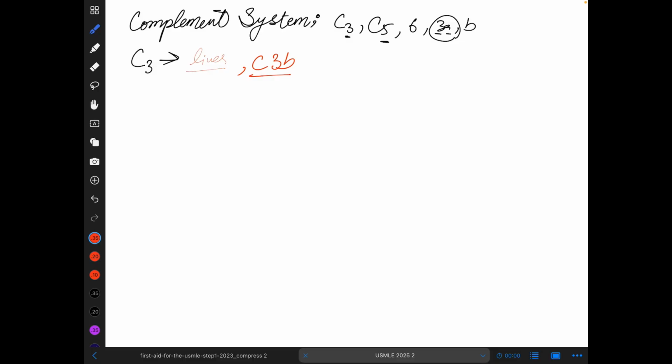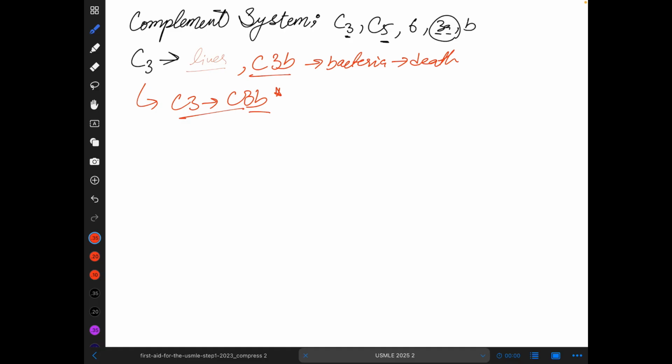And C3b binds to bacteria and then it causes bacteria death. All complement activation involves C3 to C3b. For all complement activations, we need a process for this activation.